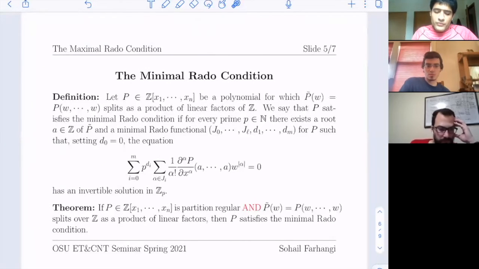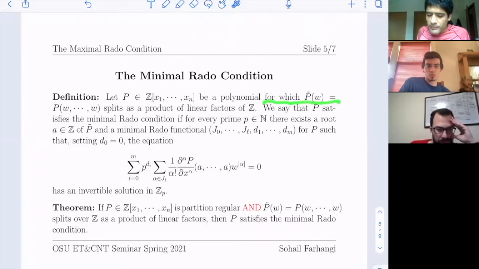So now we can go ahead and state the minimal Rado condition. We have a polynomial in n variables, and unlike the maximal Rado condition, we unfortunately are unable to work with any polynomial. We need an additional assumption.